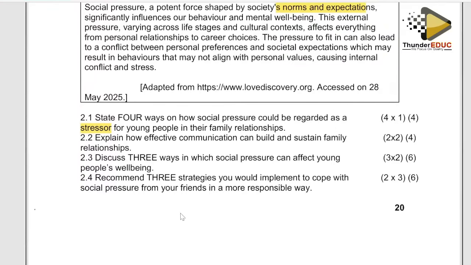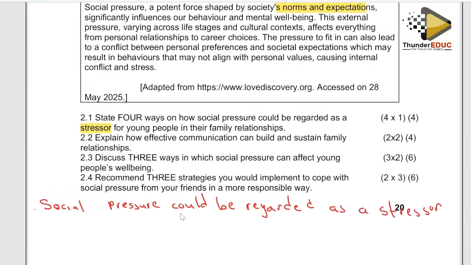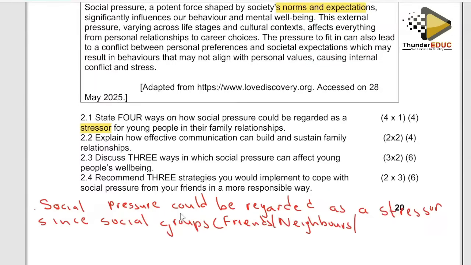So social pressure could be regarded as a stressor since social groups, in brackets, social groups include friends, neighbors, classmates, schoolmates as well.